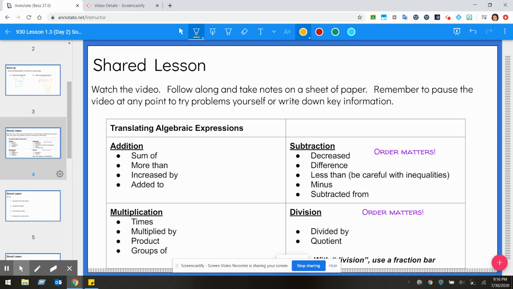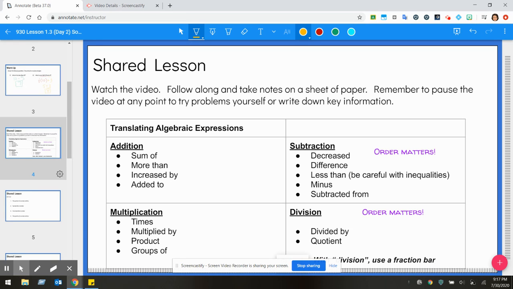For subtraction, you may see decreased by, difference, less than, minus, subtracted from. One big key thing here, with subtraction, the order matters. How you read the words makes a huge difference in how you write the expression or the equation. So we're going to come back to that.